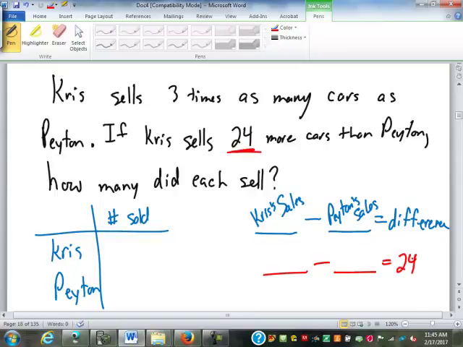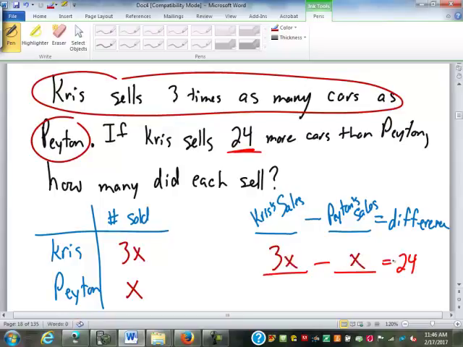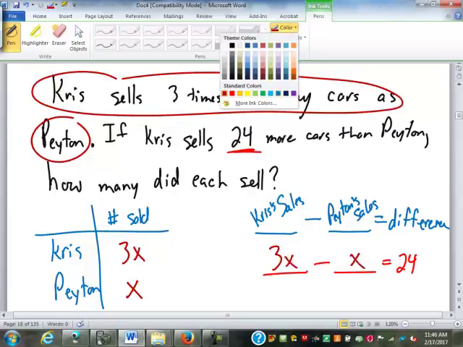So again, we have to express each of them as a variable. Well, once again, we're given that simple statement. Chris sells 3 times as many as Peyton. So we let the number that Peyton sold be X. Chris's is then 3 times that, or 3X. So we get 3X minus X equals 24.